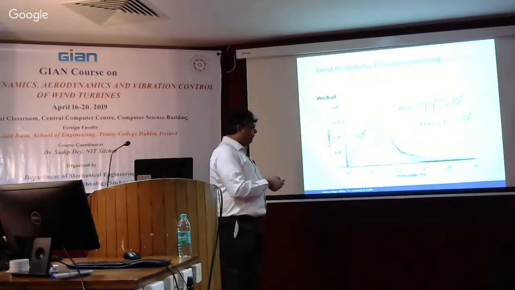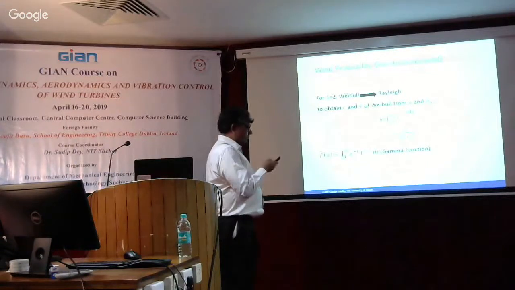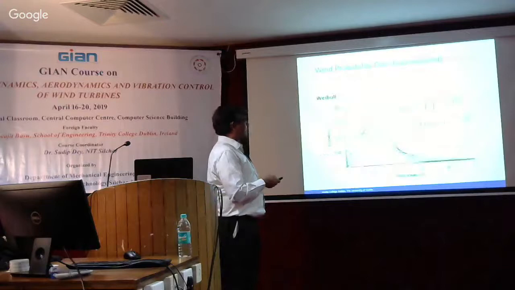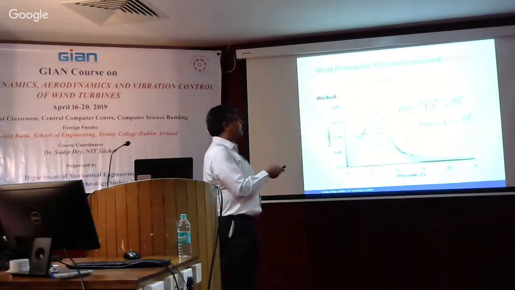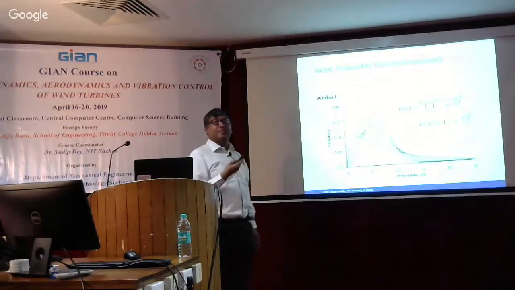And in fact, here you can see that if you know the mean and the standard deviation, K is given by this expression. So if I go back, what I did really was essentially took the mean value of this. So integral u p(u) du from 0 to infinity gives the mean, and integral u squared p(u) du from 0 to infinity gives the variance.